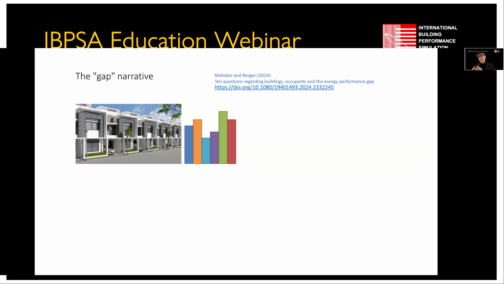People refer to that as a gap. In the case of energy predictions, the energy performance gap. And for some time, colleagues were suggesting that this gap, or at least a major fraction of it, is due to insufficiently accurate representations of people's presence and actions in the building.